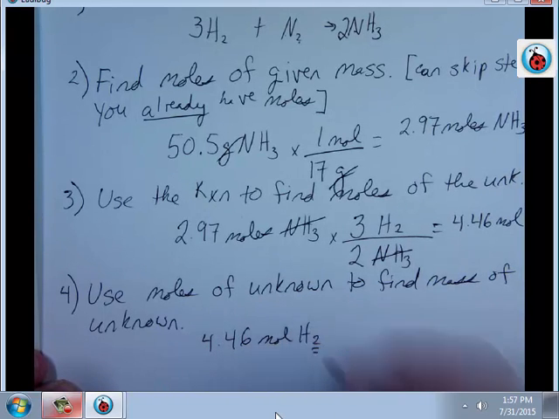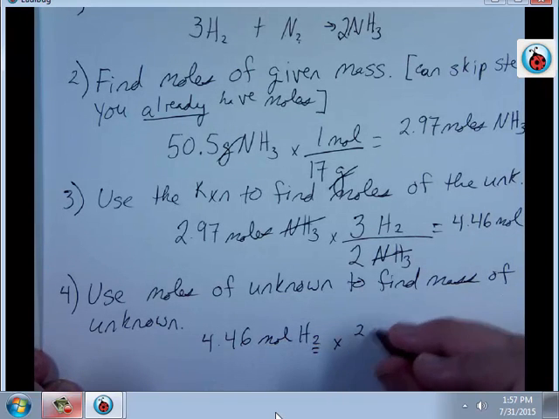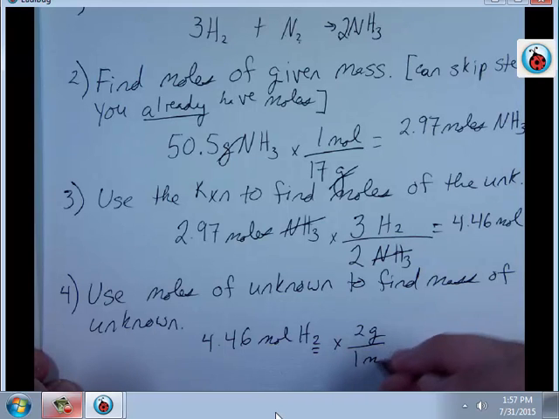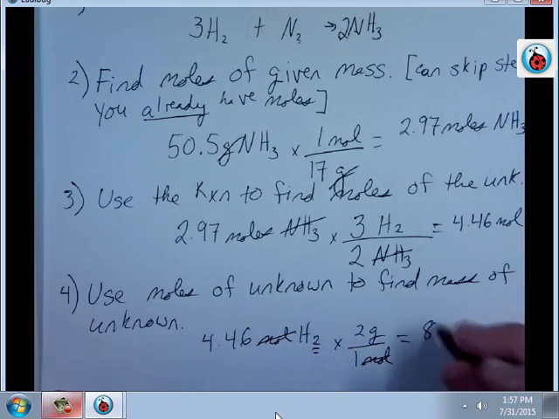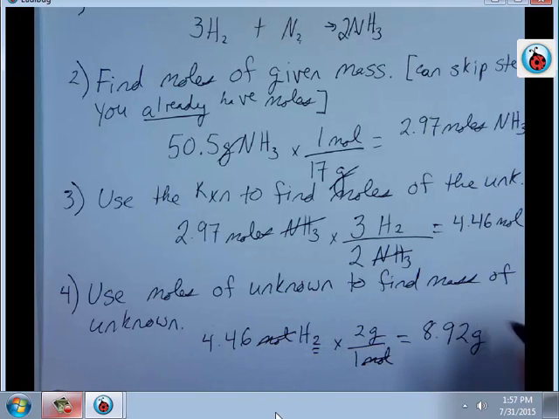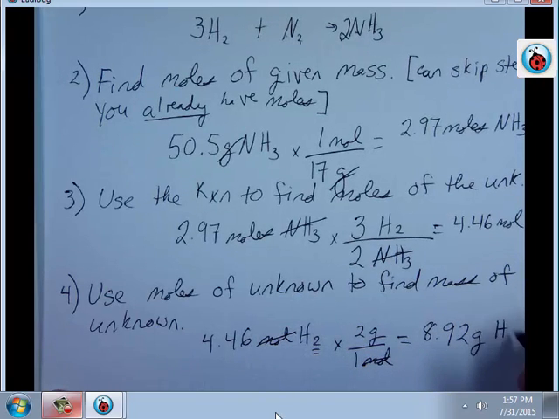Now be careful, this is H2 when you go to look up the mass. It's 2 grams for every 1 mole. Which gives me 8.92 grams of H2.